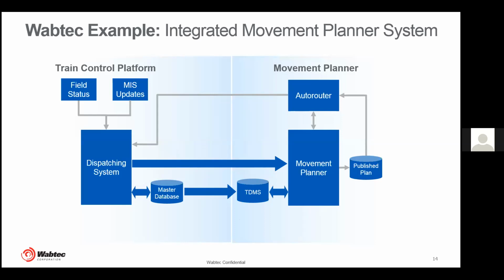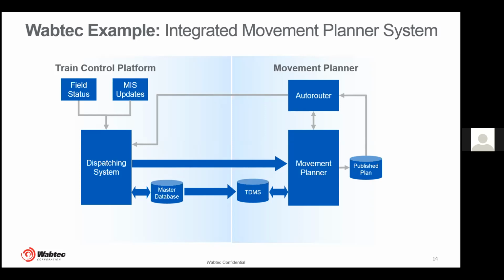Dynamic updates from the train control system are continuously provided to the movement planner. So when it generates a new plan for the next 12 hours, every 2 minutes, the latest events, including train location and track block, and all that information are incorporated when you generate the next plan.